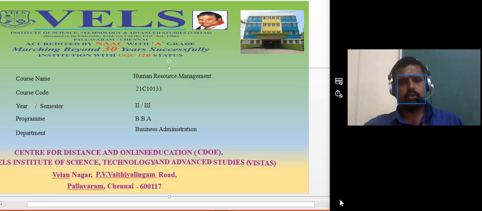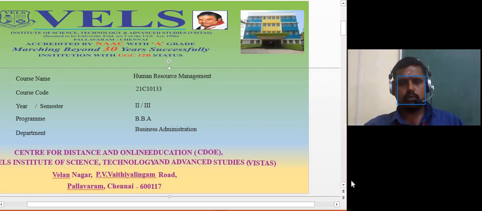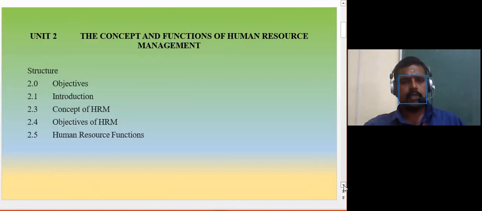The human resource management from Block 1, Unit 2. Unit 2 talks about the concept and the functions of human resource management. This is the structure of what we are going to see from the content.